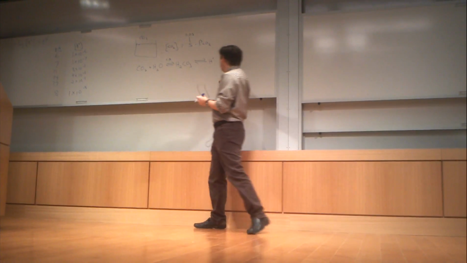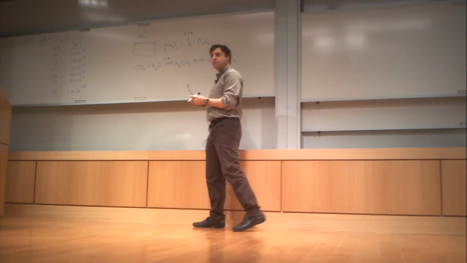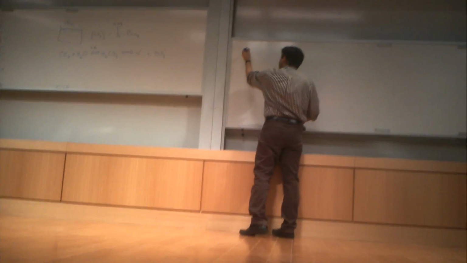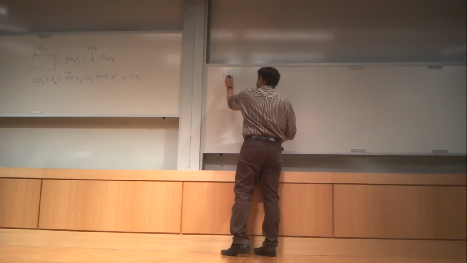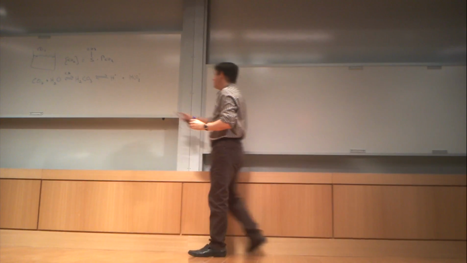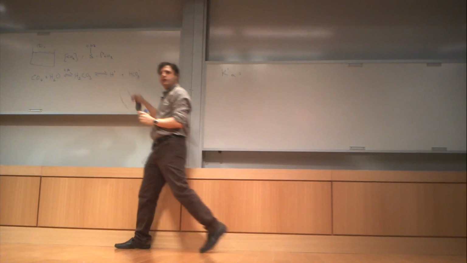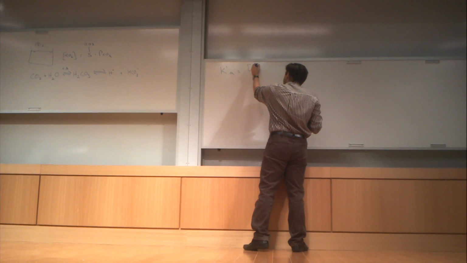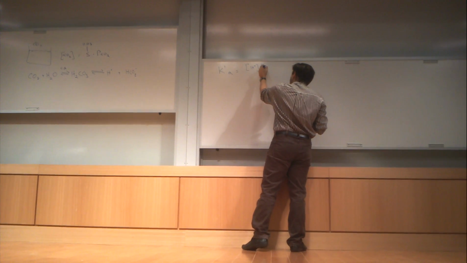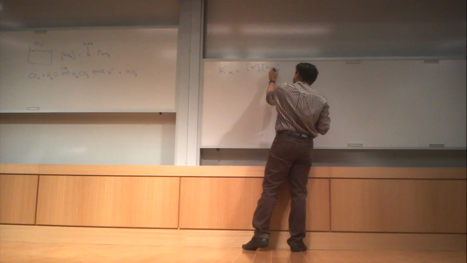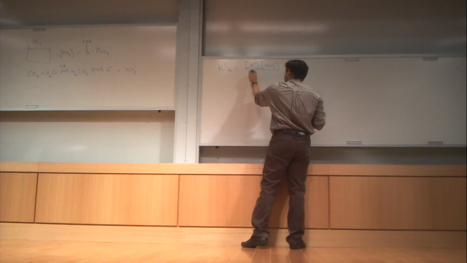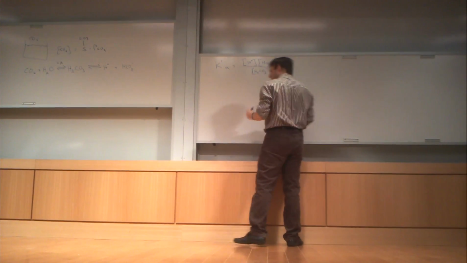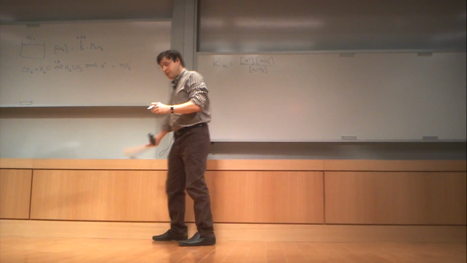So if I look at, say, the right-hand reaction, I can have a constant, which I'm going to call K prime A. And that's going to equal the product of the hydrogen ion concentration times the bicarbonate concentration, divided over the carbonic acid, right? So far, so good?